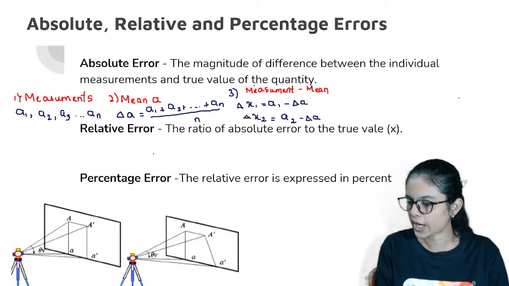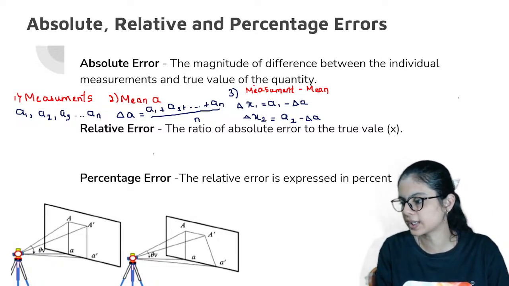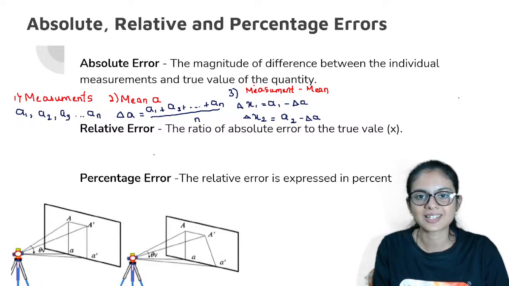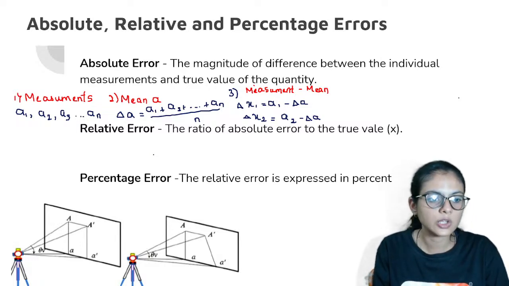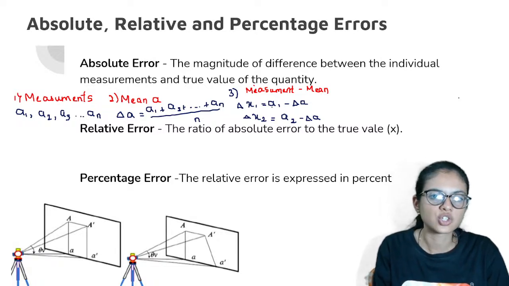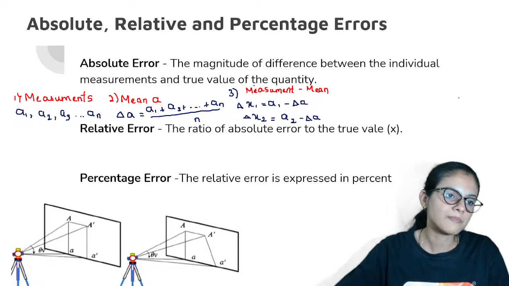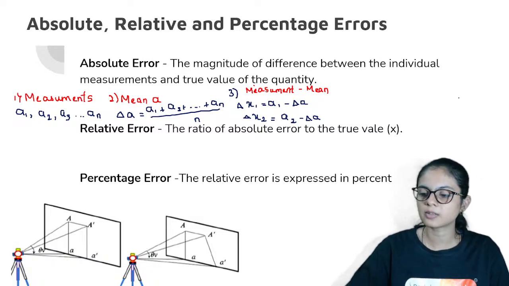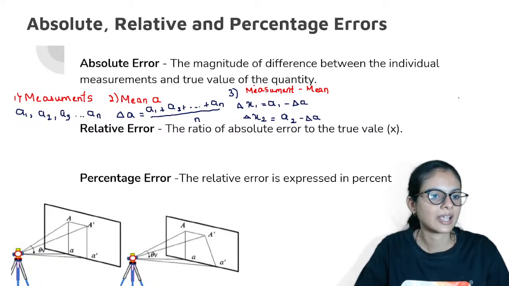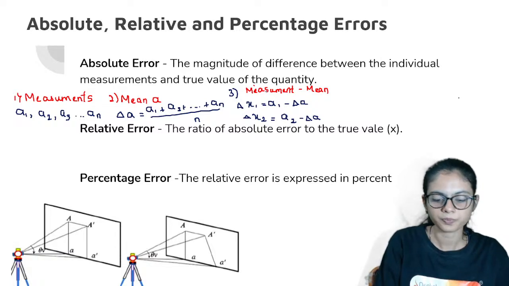Is it clear now? Any confusions in what I'm speaking here? The things that we get by subtracting the measured value minus true value, that is done here, right? Measured value minus true value. So these are nothing but the absolute errors. Absolute error is nothing but the error in the first, second, third, and fourth.